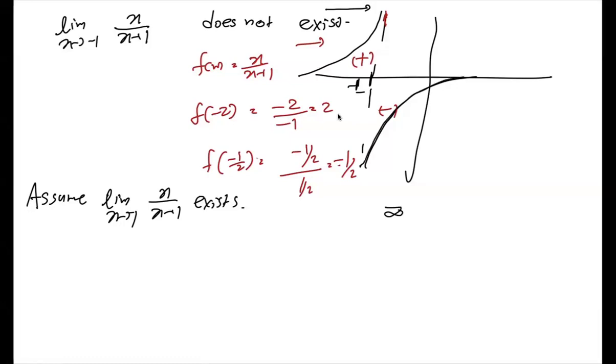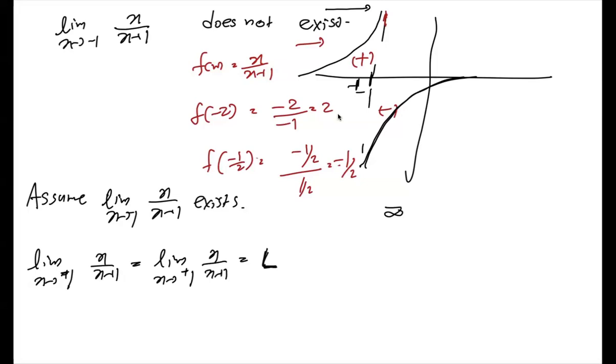So I would write, then, the limit as x goes to minus 1 from the left-hand side of x over x plus 1 should equal the limit as x goes to minus 1 from the right-hand side, which should be equal to some sort of value, let's say L, right?